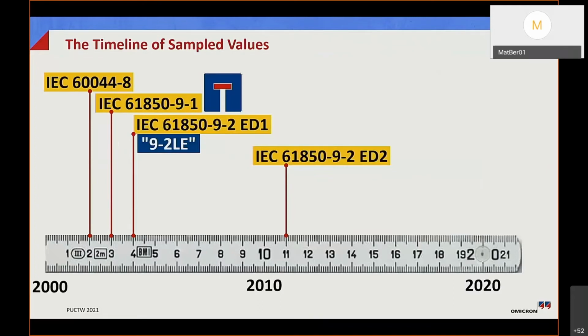Sometimes along the way, there was the need to go into the maintenance cycle of the standard. After 2010, we had this edition 2 of IEC 61850 being published. And of course, also the part 9.2 got an edition 2.